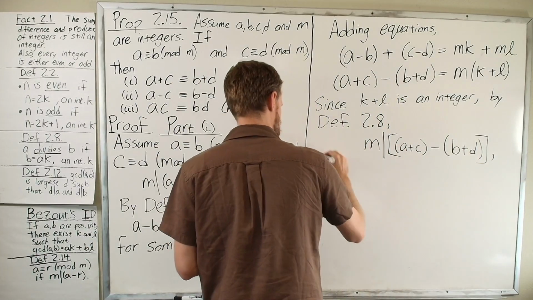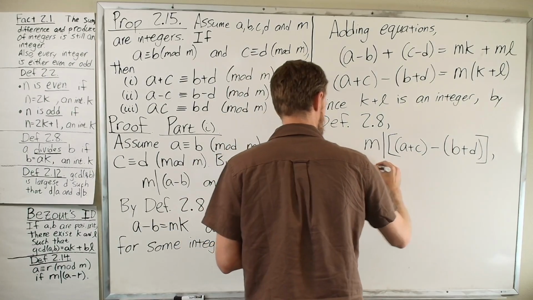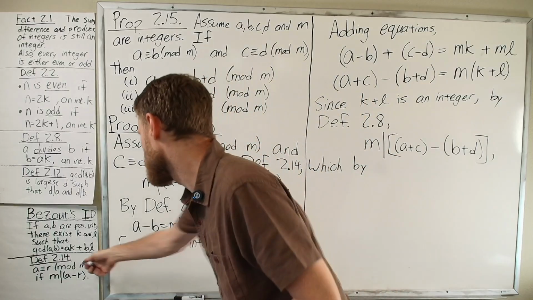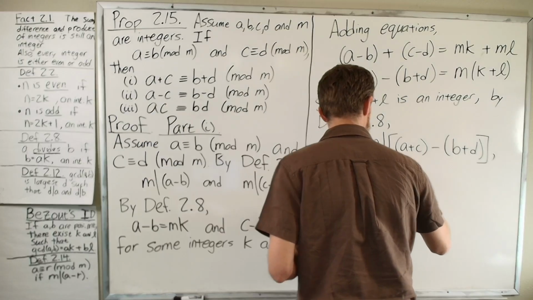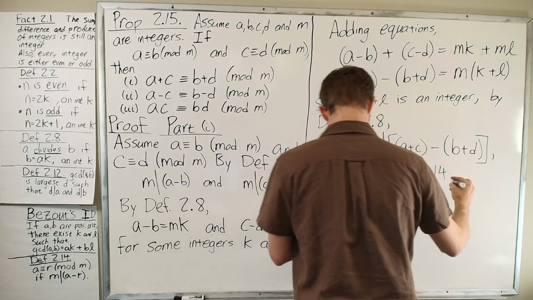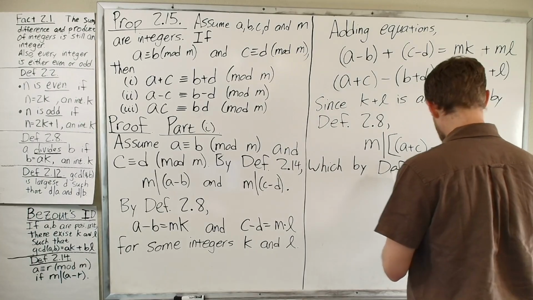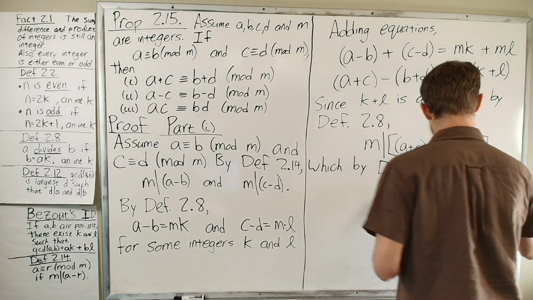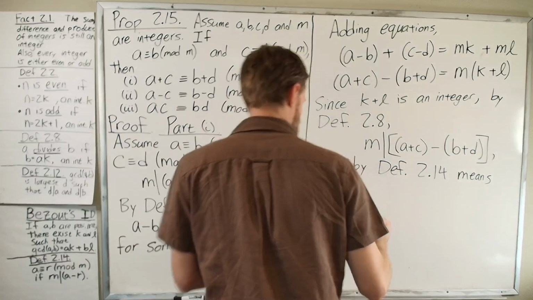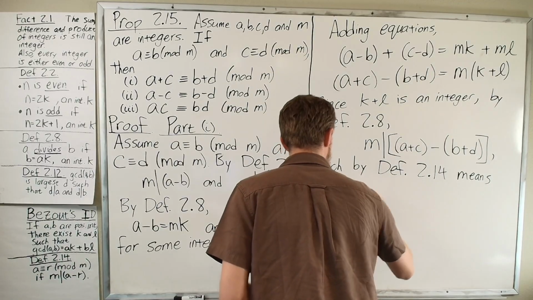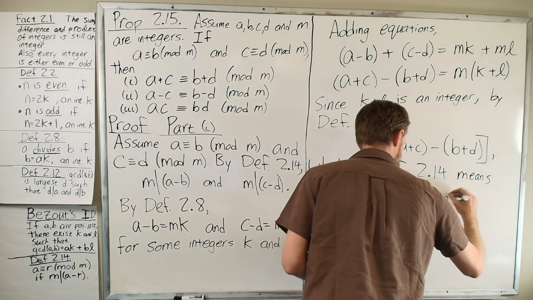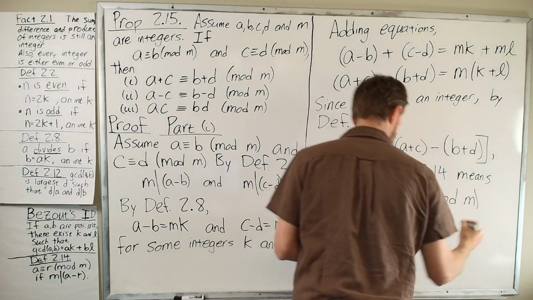So that's true, which by definition of mods, which was 2.14, means, well, m dividing something minus something means that the first something must be congruent to the second something mod m.